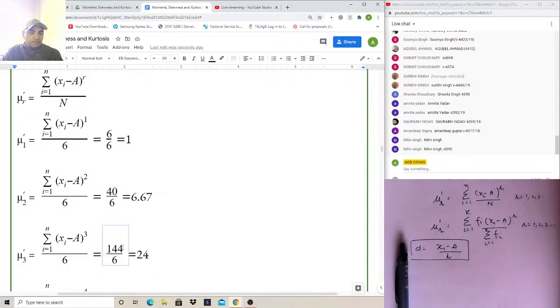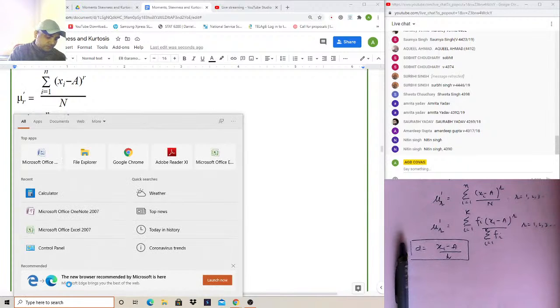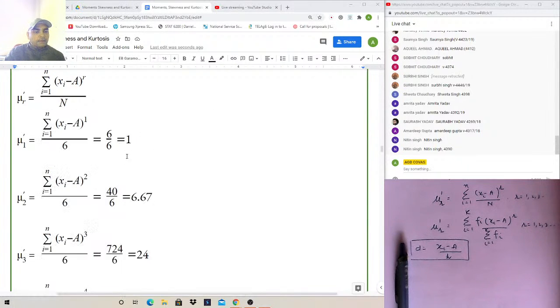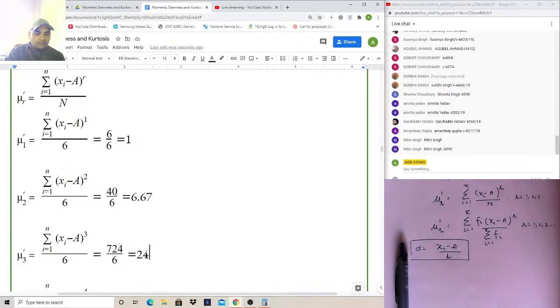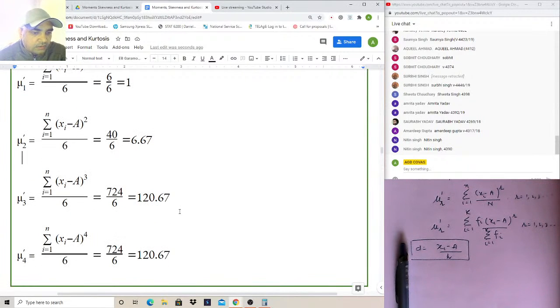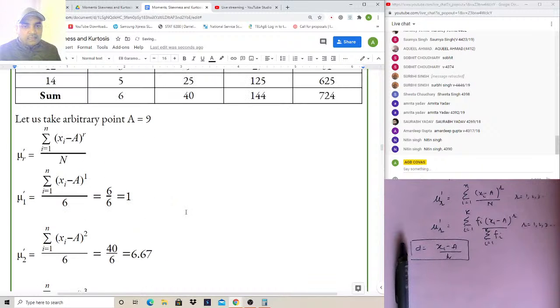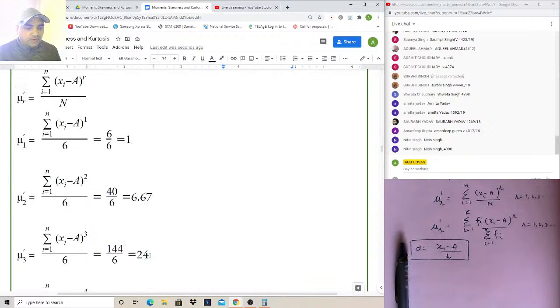This third moment was 144 only, so 144 divided by 6 is 24.